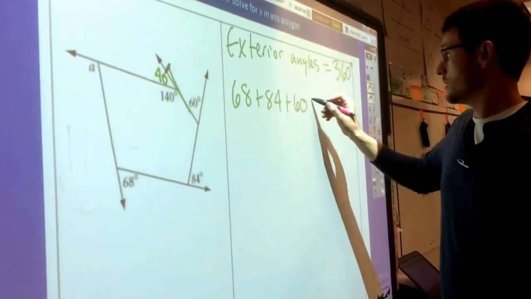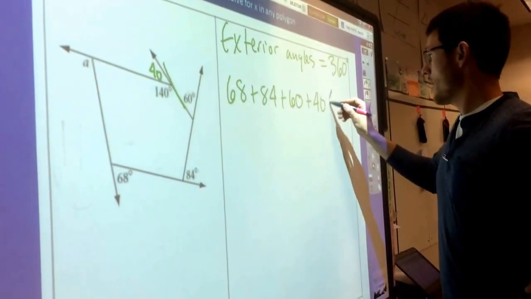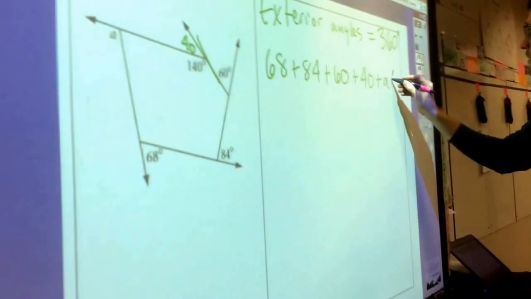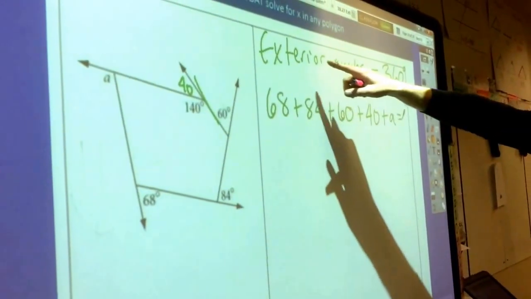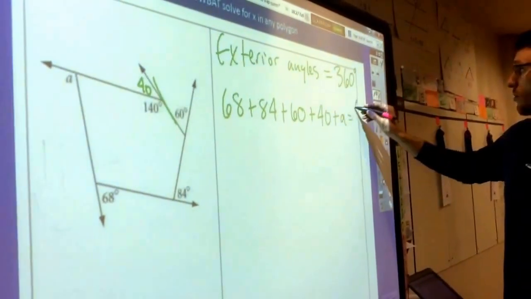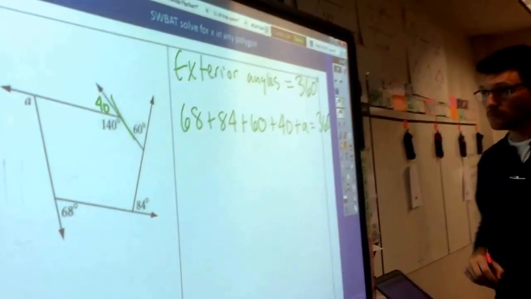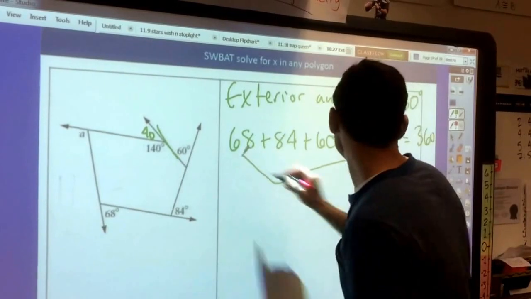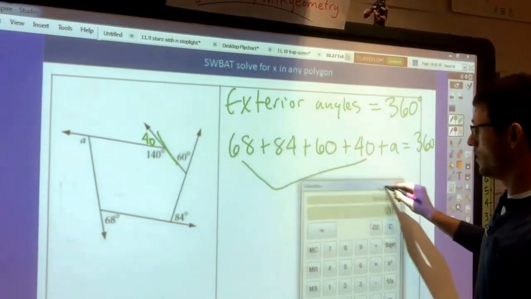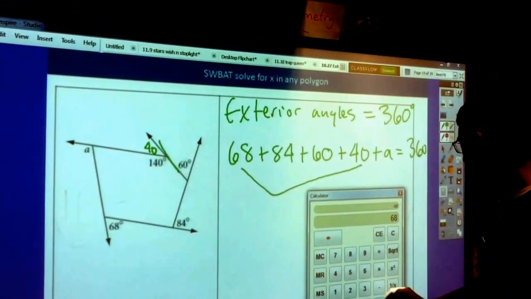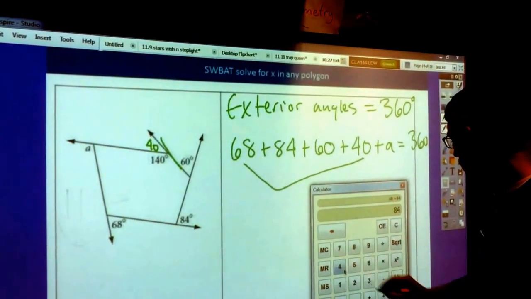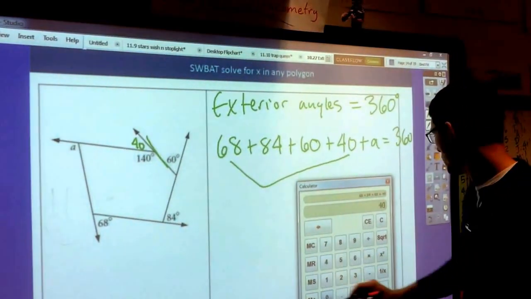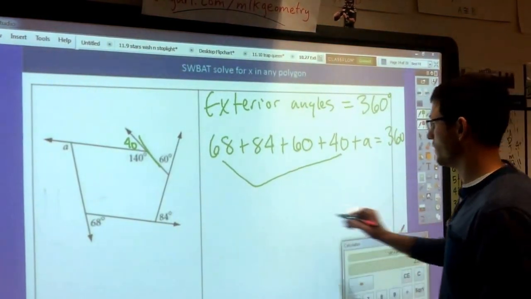68, 84, 60, 40, plus A. It's really important that I remember my A, and all of my exterior angles equal 360. Now this is just a matter of combining like terms and solving. When I add 68 plus 84 plus 60 plus 40, I get 252.